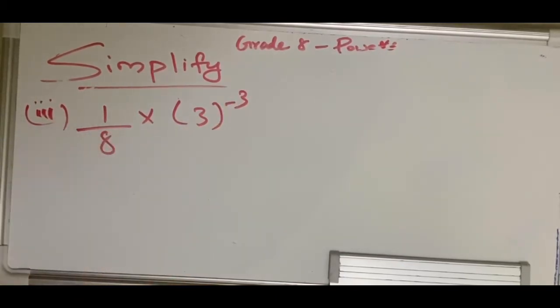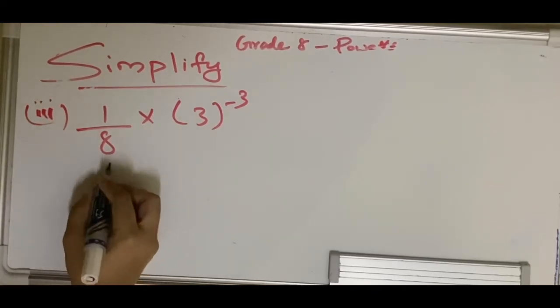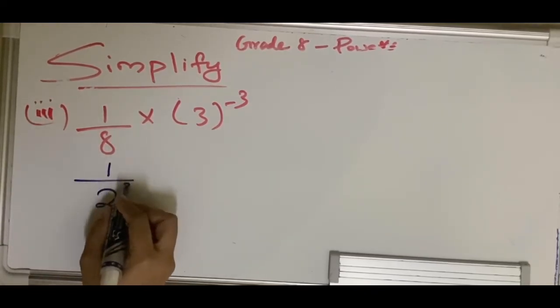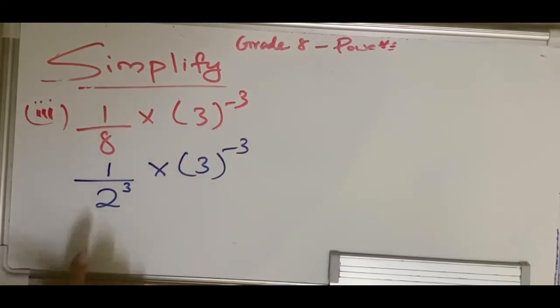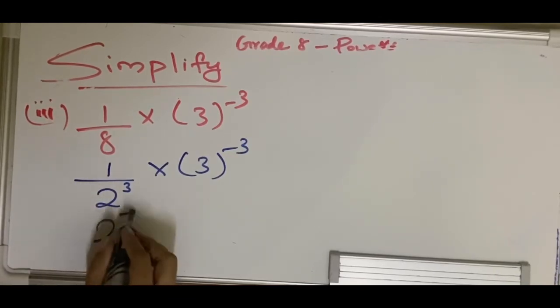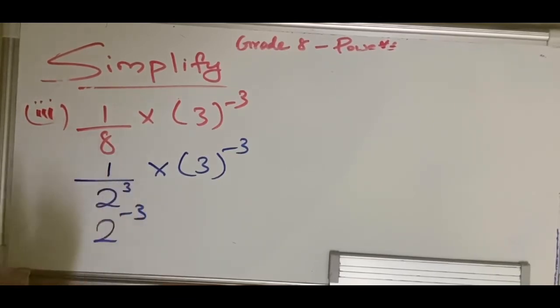Instead of 8, you know that we can write 2 raised to 3, because 2 raised to 3 is 2 times 2 times 2, which is 8. So I can rewrite this as 1 by 2 raised to 3, multiplied by 3 raised to minus 3. Now 1 by 2 raised to 3, I can write as 2 raised to minus 3, because this is 1 by a raised to m.